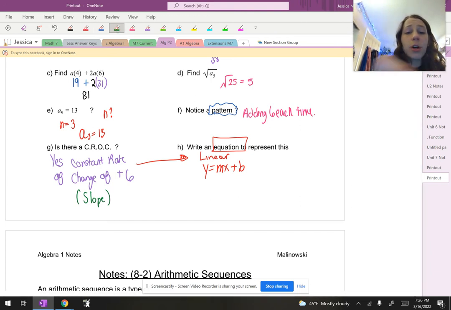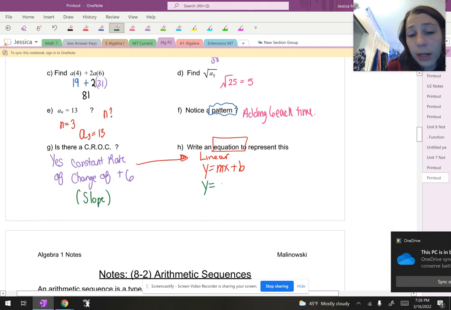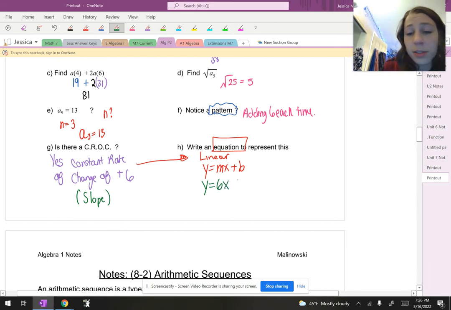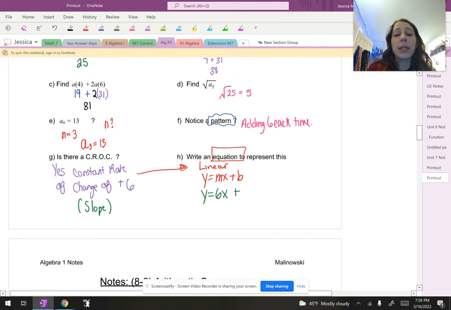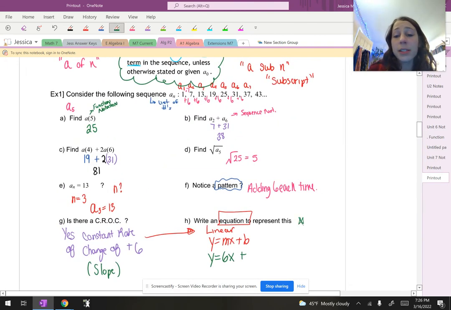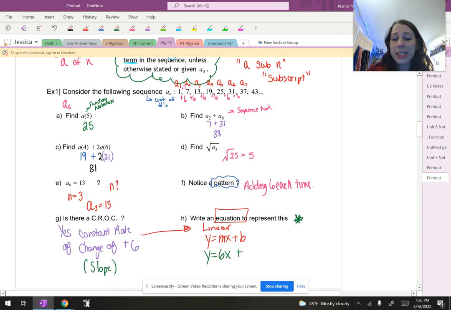Okay, so insofar, I could do y equals 6x, and then we just have to find b. In theory, you might think that it would make sense for 1 to be my b value, but unfortunately, it's not.